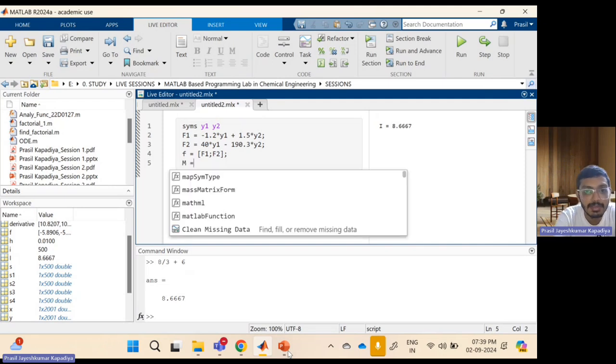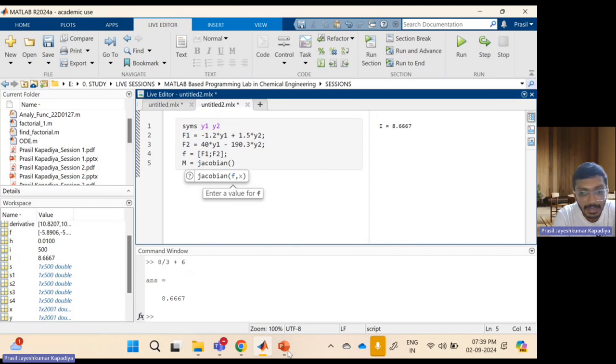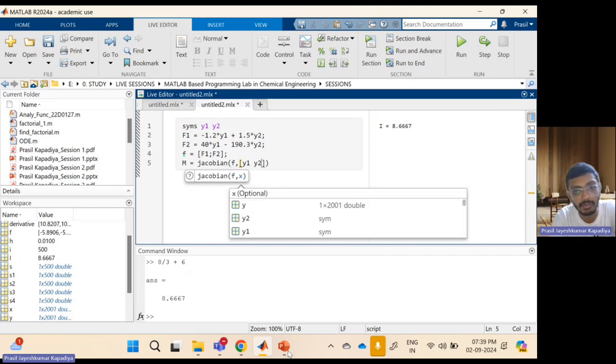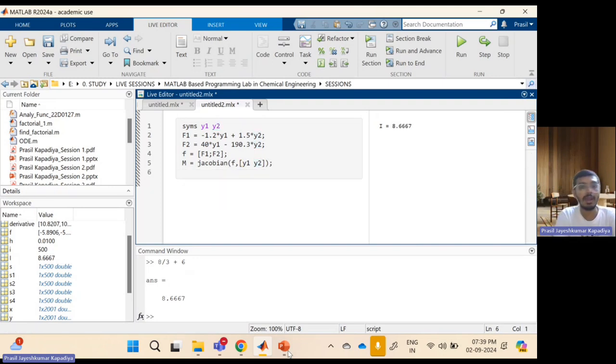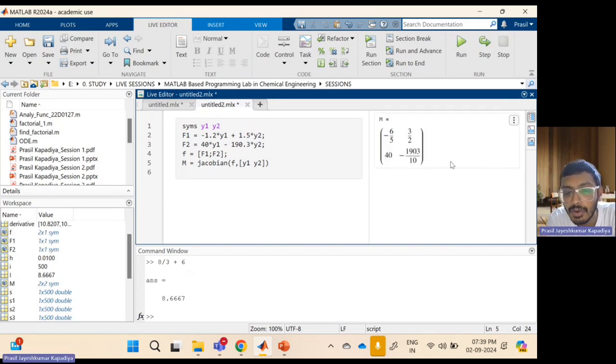So I will write, let's say, M is equal to the Jacobian of the F matrix with respect to y1 and y2. So what I am having right now is the Jacobian matrix. Okay, let's try to run till here and see what we are getting. See, my Jacobian matrix is this one.